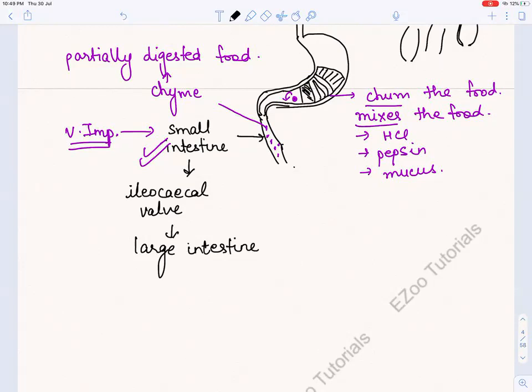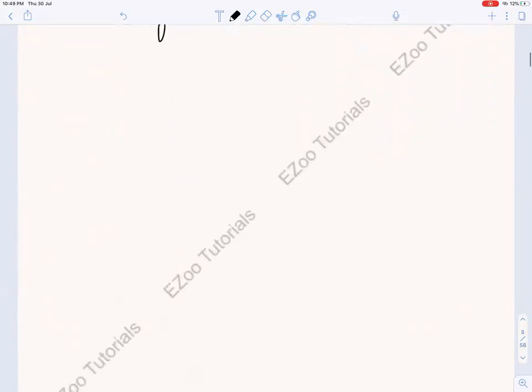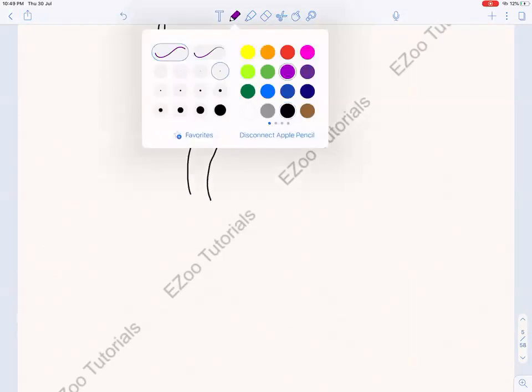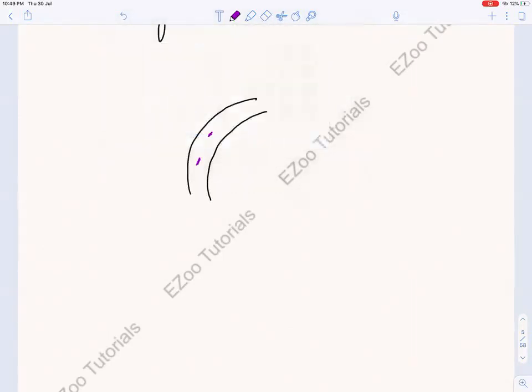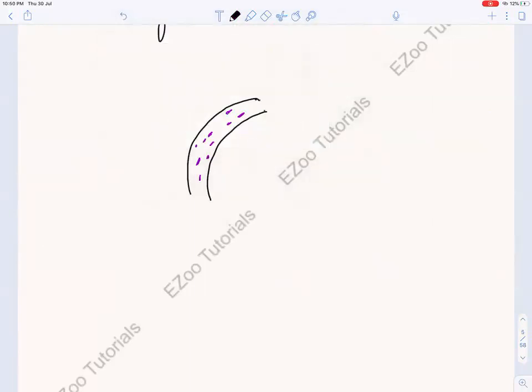Okay, so now what happens? The food goes into the small intestine, and if this is the small intestine, the partially digested food is called chyme. There is this pyloric sphincter that is allowing this chyme, partially digested food, sort of liquefied food.